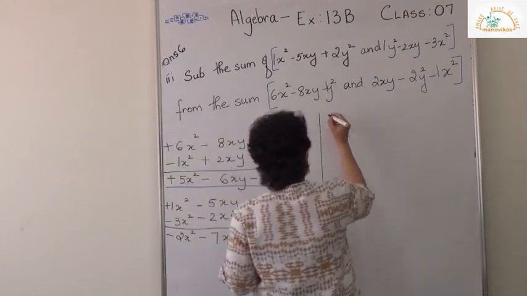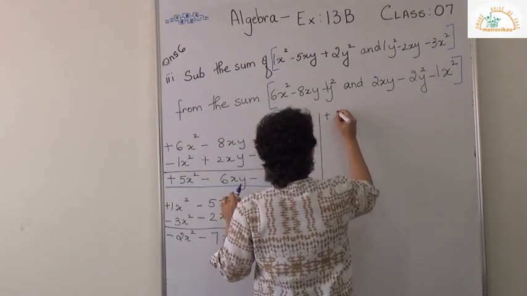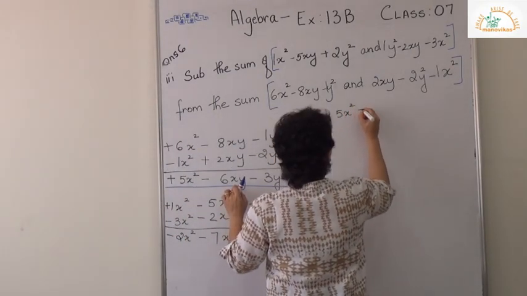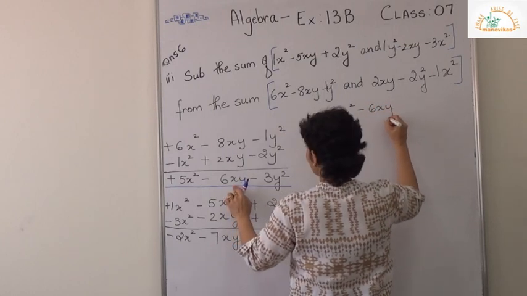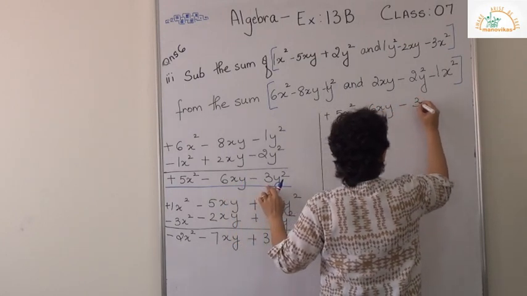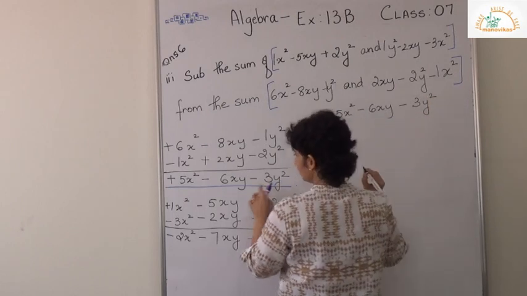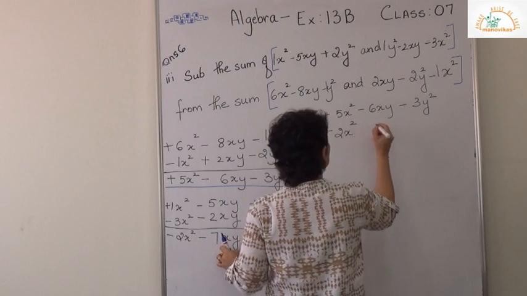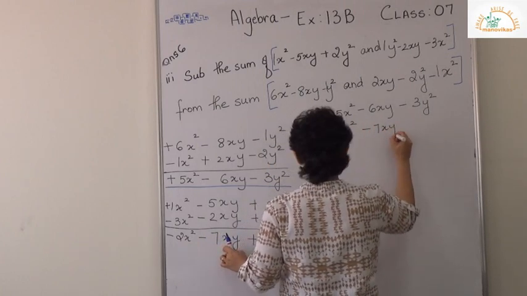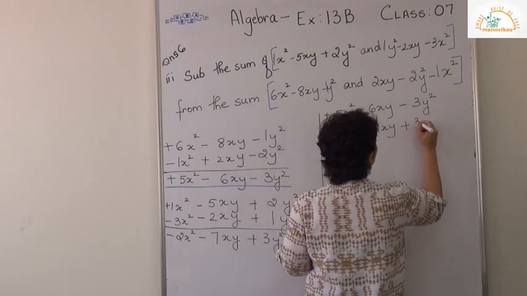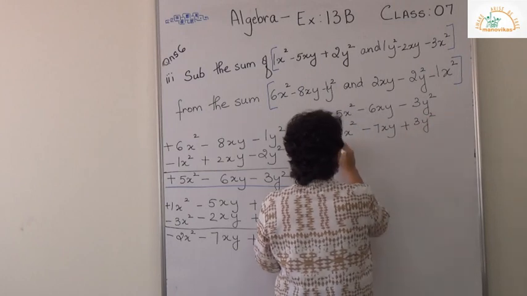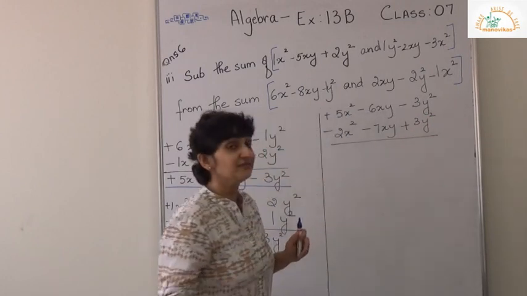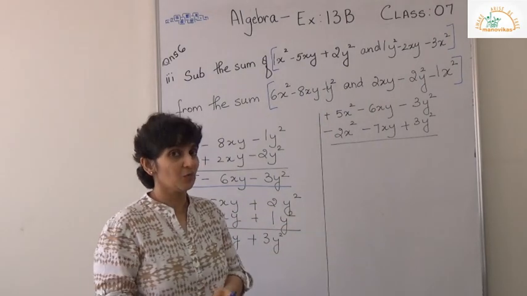So let me write it. Plus 5x squared minus 6xy minus 3y squared. And I have minus 2x squared minus 7xy plus 3y squared. Now, whenever you subtract, what did I say?